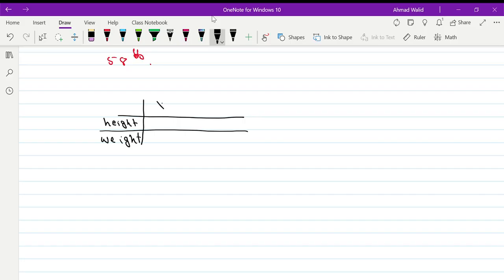For the first one, X bar was 65 inches. And for the second one was what? 100 and something? What was the mean in the second example for the weight?